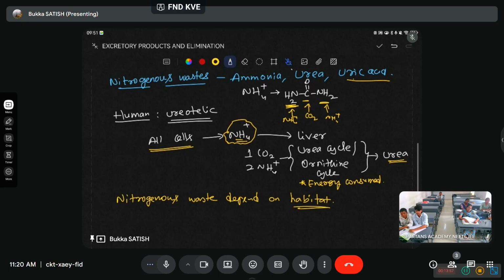Always keep in mind, what type of nitrogenous waste is produced by the organism will depend on its habitat, right?